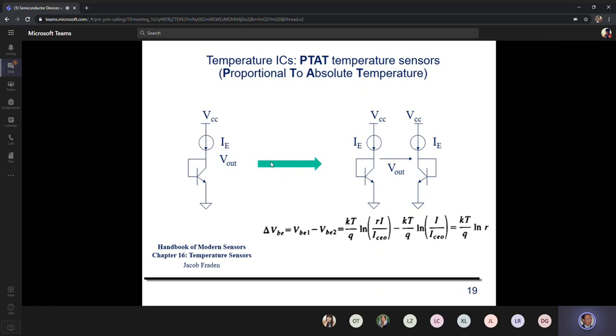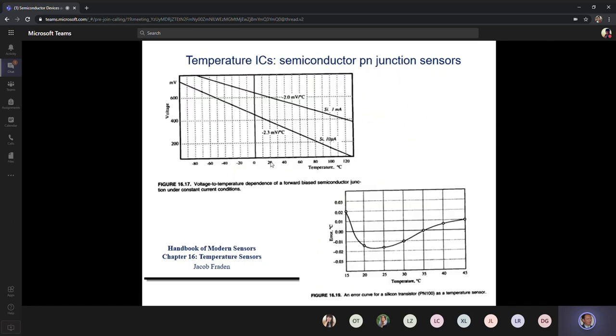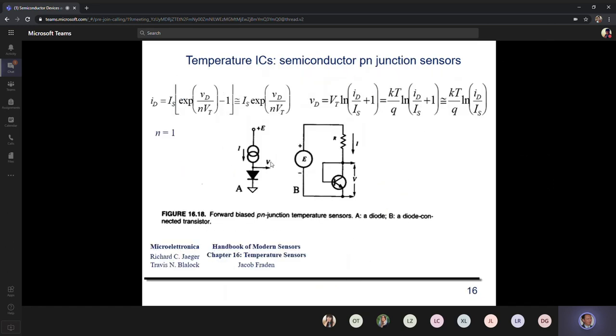If we go back to the other type with the junction, you can see immediately, if you look at the formula on the first line on the right, that the voltage is equal to kT over Q times the logarithm of a function that also depends on temperature. Okay. So the more sophisticated circuit is based on this idea.